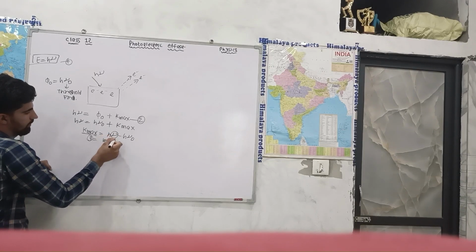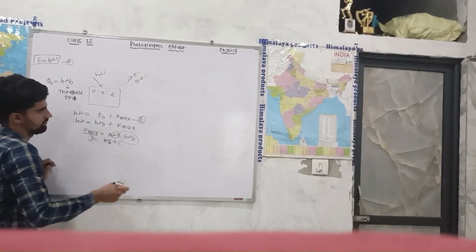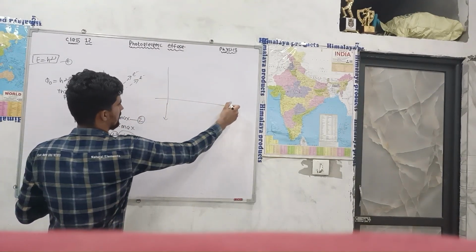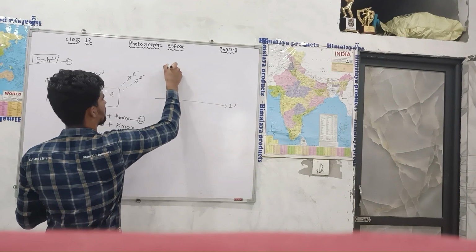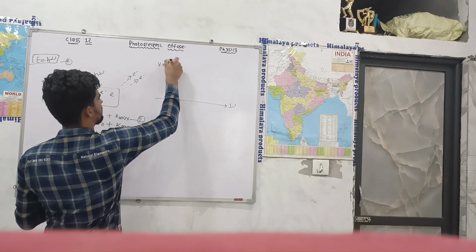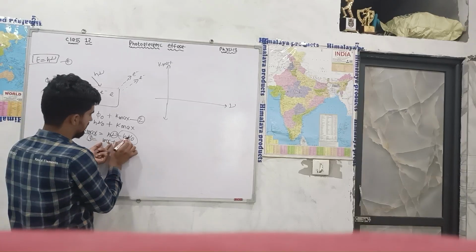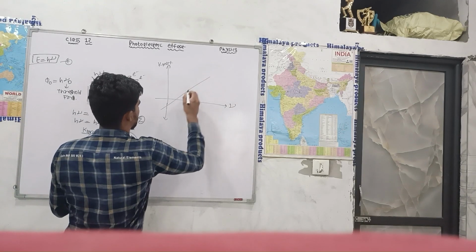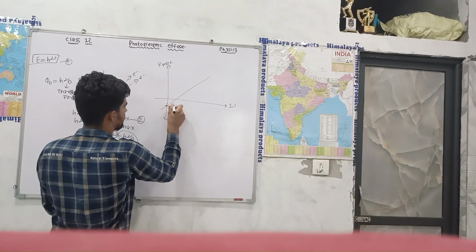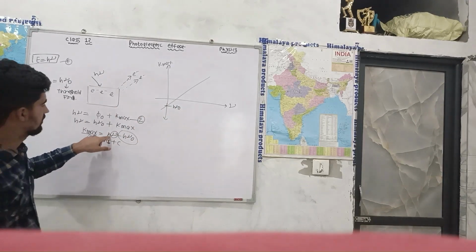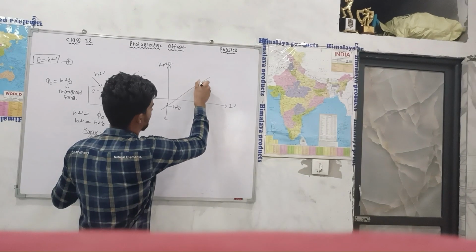The slope is m, and this is the intercept. This is frequency, this is maximum kinetic energy of the electron. The intercept is h nu naught, obviously this is minus. The slope of the graph is h.